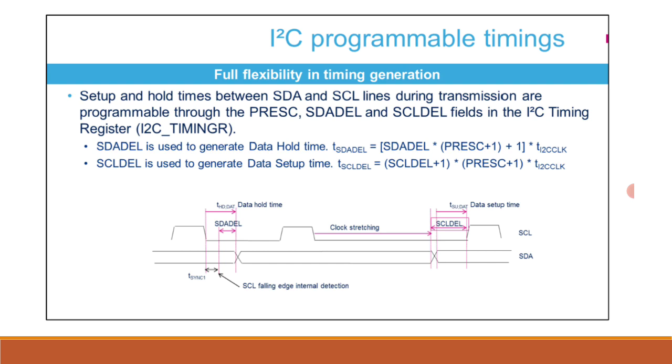So SDADEL is used to generate data hold time, that is tSDADEL equals SDADEL times (PRESC plus 1) times tI2CCLK. SCLDEL is (SCLDEL plus 1) times (PRESC plus 1) times tI2CCLK.